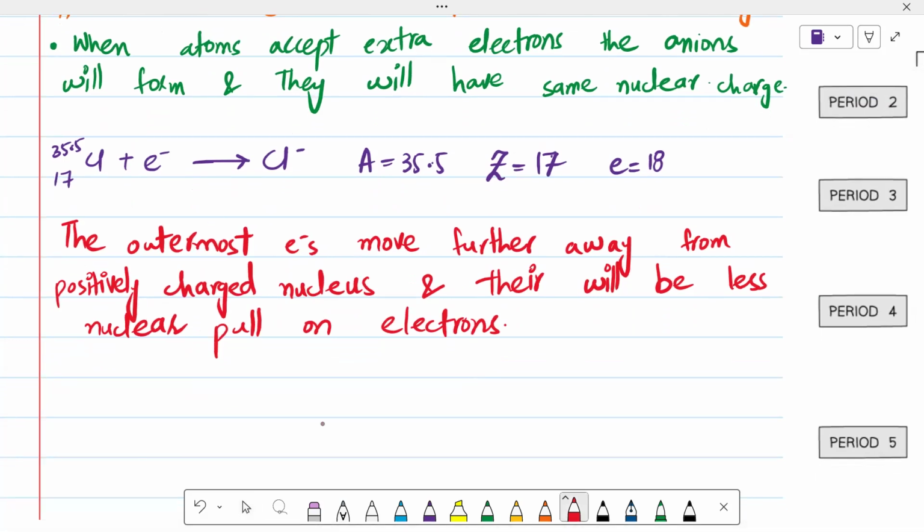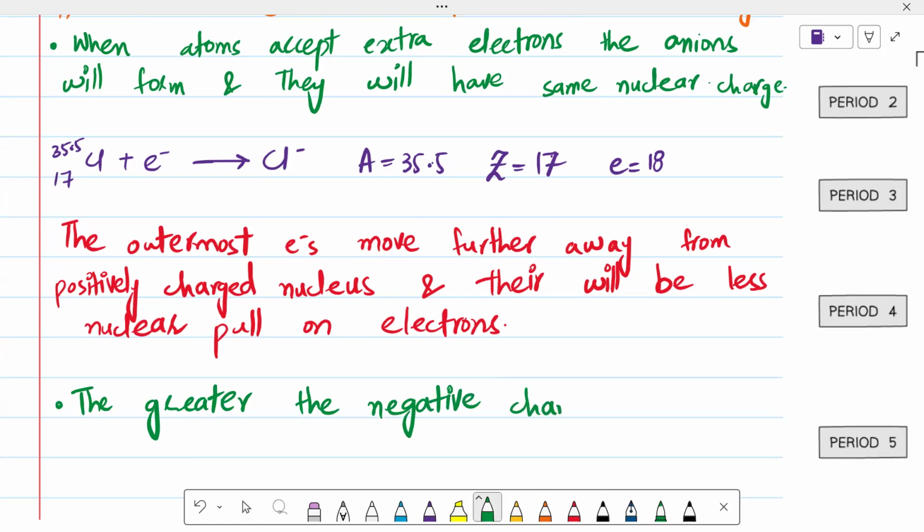And the greater the negative charge, the larger the ionic radius.